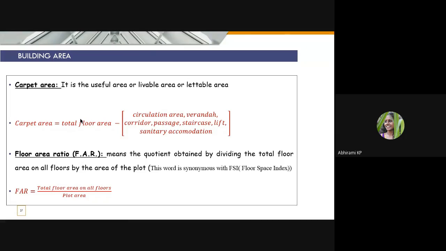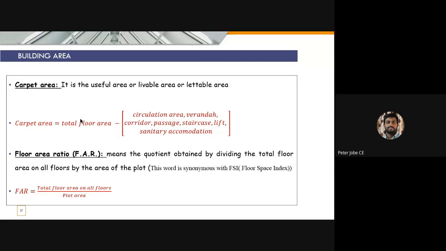Not in between, it will include the internal walls. Actually, the total floor area means we won't include the area occupied by the walls. We'll just include the area in between the walls. Okay. Mainly the distance between those walls is referred to as carpet area.